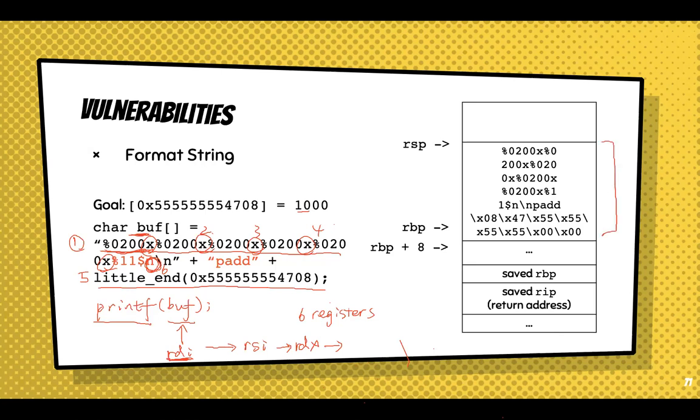So in this case, we want to make sure that this 6th argument writes to the right location. We know that this is the 6th argument and it will start to look at the stack. But where do we need to look?